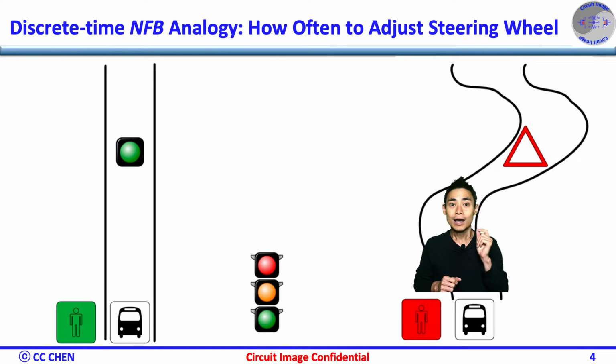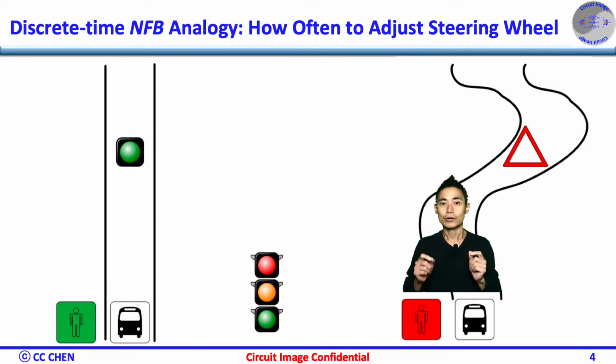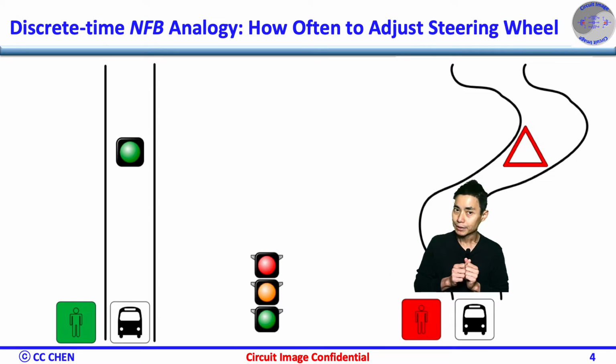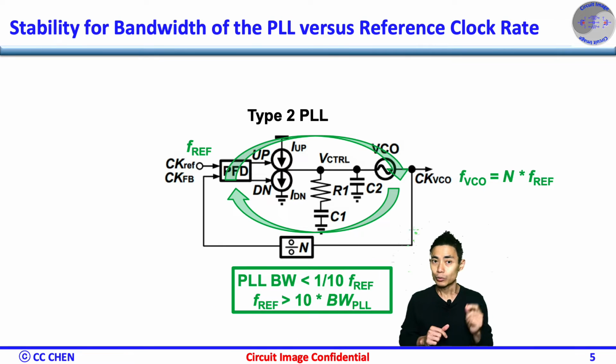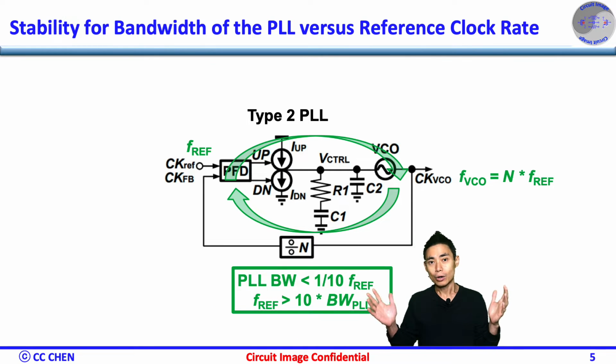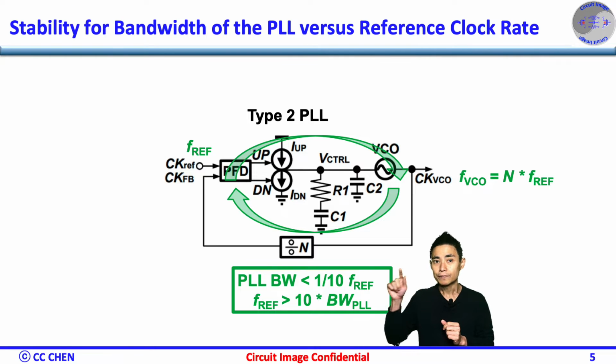This is a good analogy to the PLL's discrete-time feedback system for the PLL bandwidth and reference clock update rate. In summary, if we want a wider PLL bandwidth, we must update the feedback system more often, which sets the minimum reference clock rate.